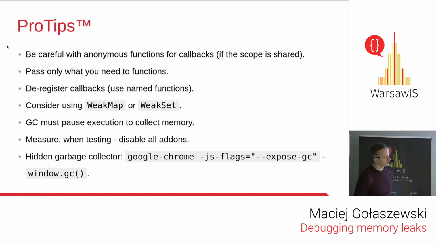Back in January when we were doing this, we could have Karma tests that were detecting memory leaks. But in recent versions of Chrome, we stopped using this because I think they changed something in this method and it is no longer as good as it should be. Okay, thank you.